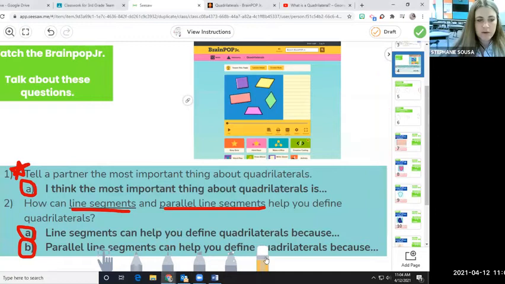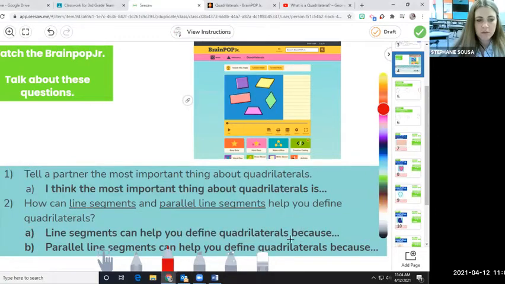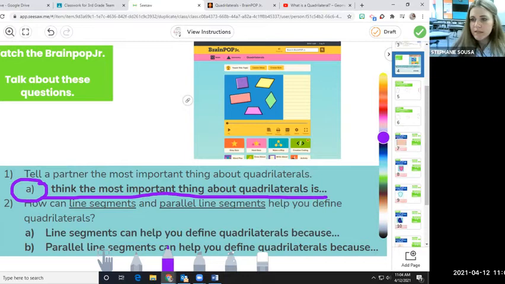Alrighty, I want to hear the most important thing about a quadrilateral. So this first sentence right here is what I want us to focus on right now. Read us that sentence, and then finish with your words. Aiden G, what is the most important thing about a quadrilateral?